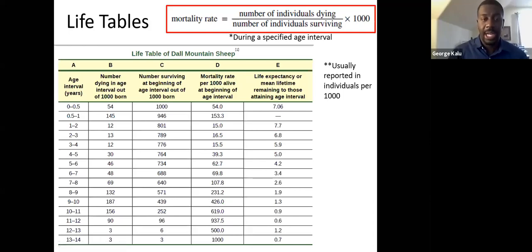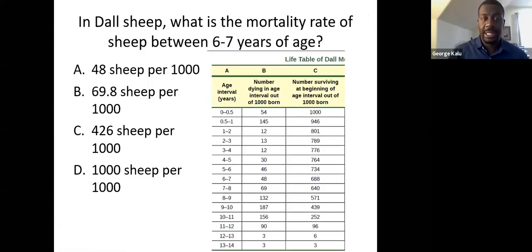So question here. In the Dall sheep, what is the mortality rate of sheep between the 6 to 7 years of age? Again, go ahead and take a calculator and see if you can work that one out, and see if you can figure this one out here.